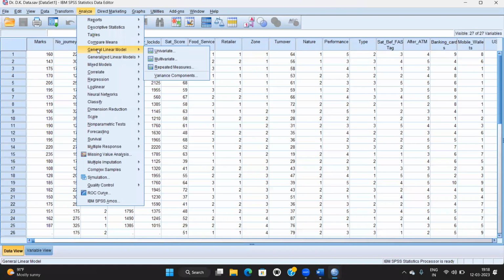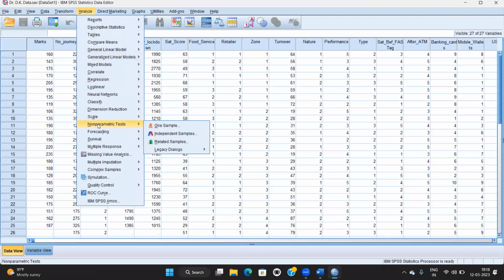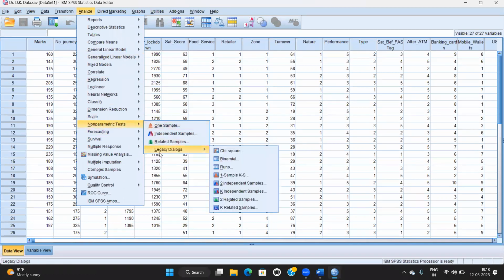Now, for applying non-parametric tests, you go down. Non-parametric tests. Here you go to Legacy Dialogs. If you select Legacy Dialogs, then on the right hand side, one more drop down menu appears. Look at this: Chi-square, One-Sample KS test, Two Independent Samples.